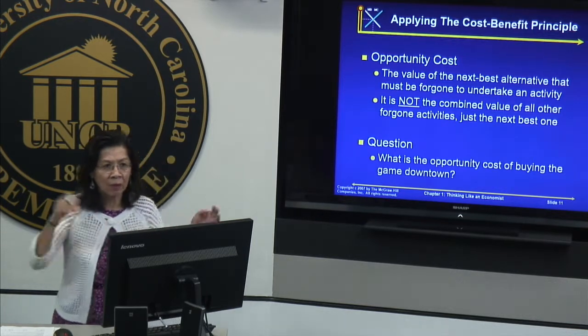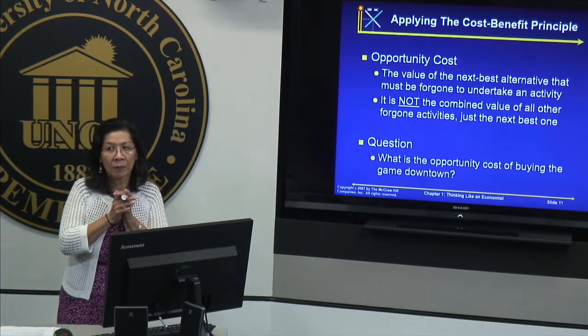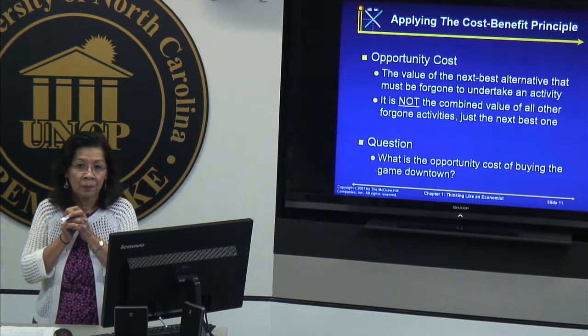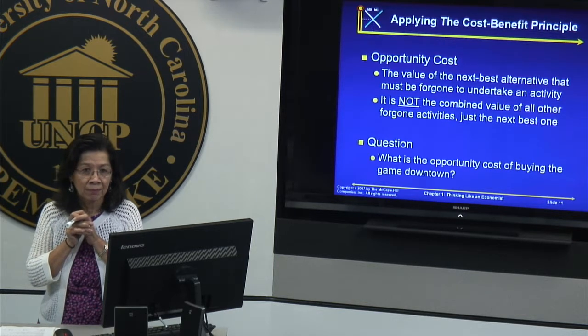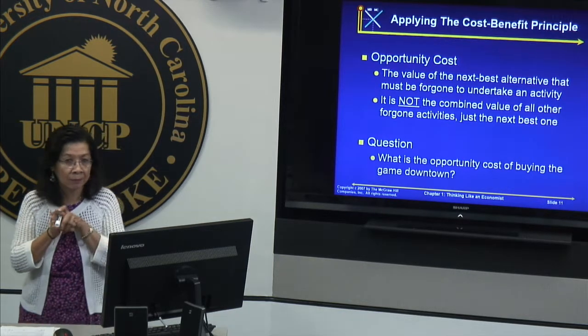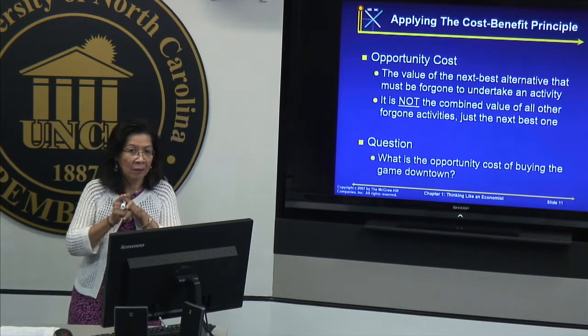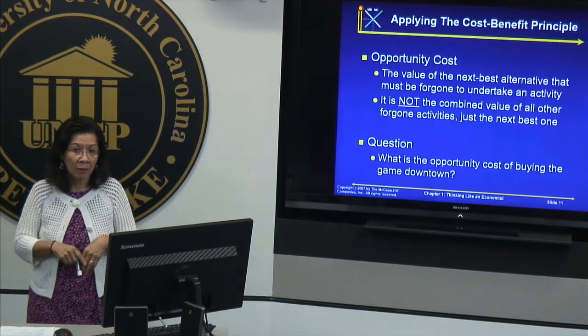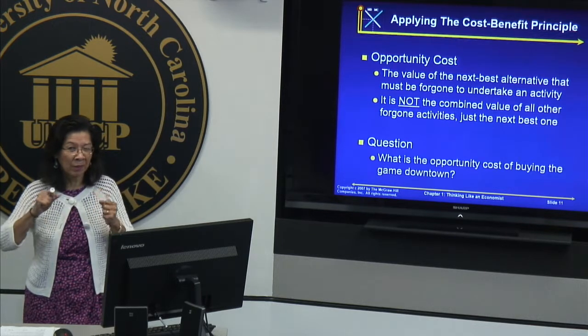So it's not the value of all 3 combined together, because why? You cannot be in 3 places at the same time. I don't think you could be sleeping and swimming at the same time. I don't think you could be sleeping and frying McDonald's hamburgers at the same time. So you're 1 person, 1 activity. So you see those competing forces there?